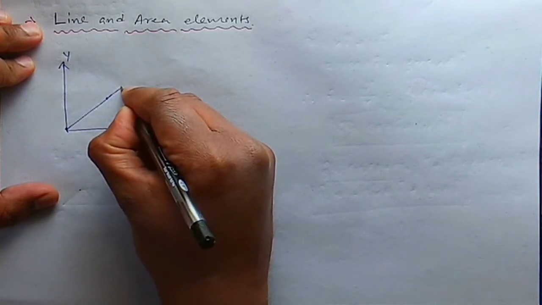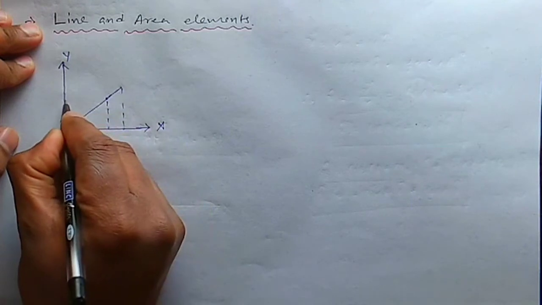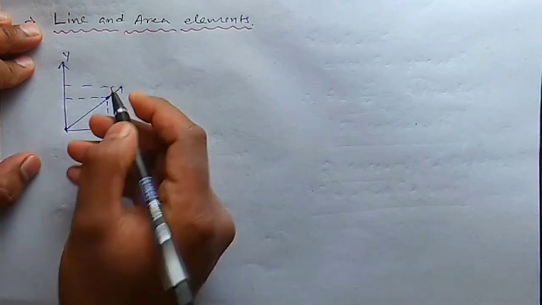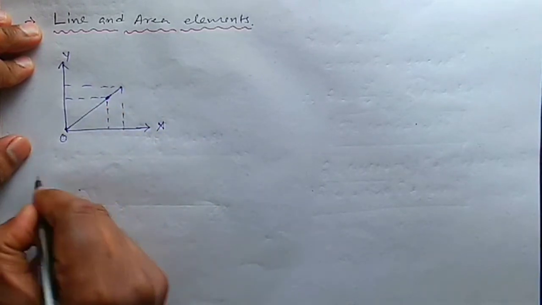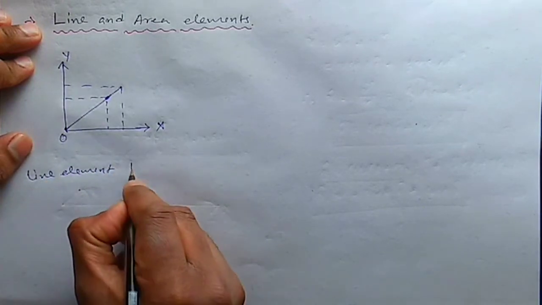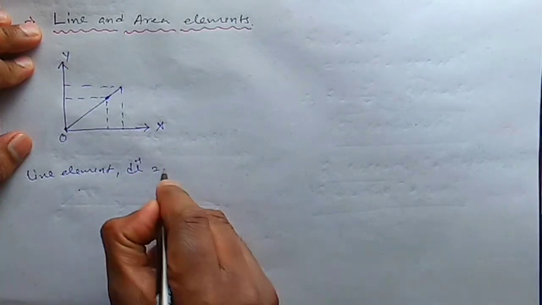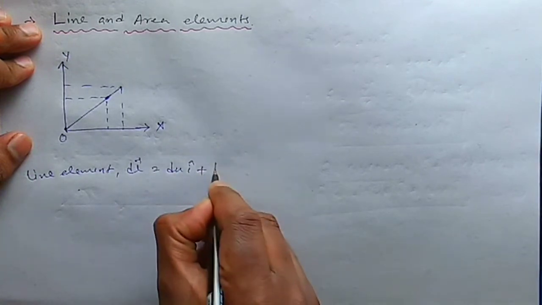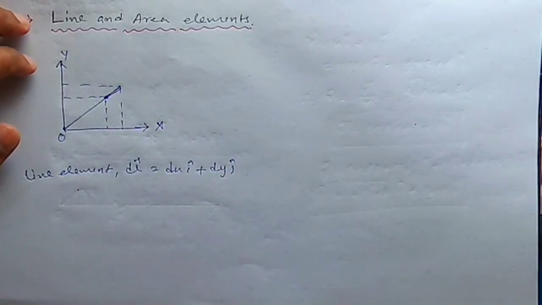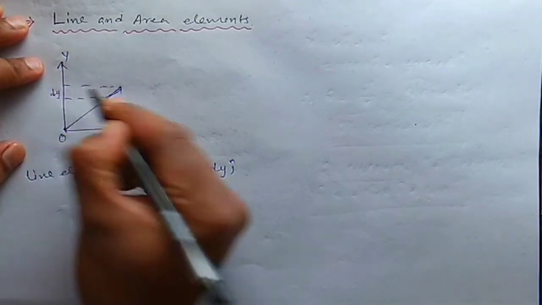The two-dimensional Cartesian line element dl can be represented as dx i cap plus dy j cap. This is the line element. This is dx and this is dy.